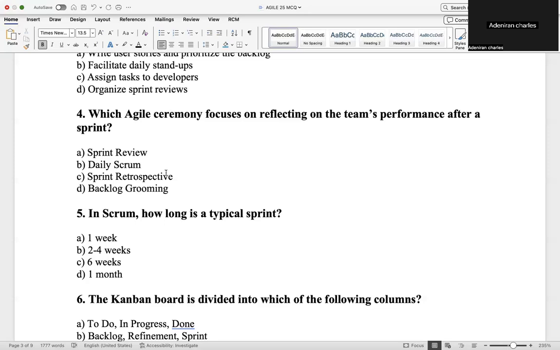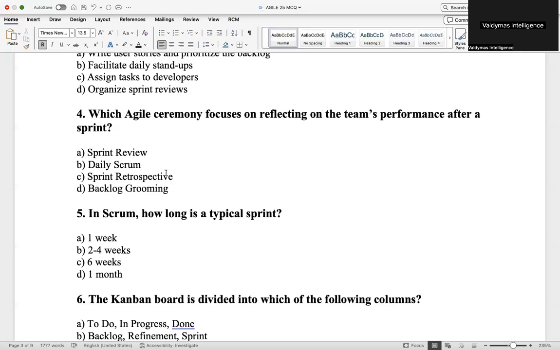So we review the product or the outcome of the sprint, and in the retrospective we review the team's performance. Sprint review is when we review the product that was delivered. That's clear.